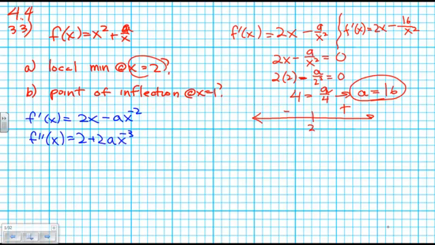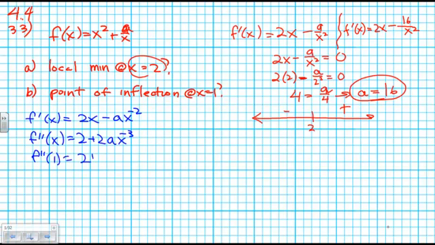Let's check to make sure that that derivative was done properly. Bring that down. Negative times negative 2 is positive 2. That's just a constant. Lower. Okay. That's good.